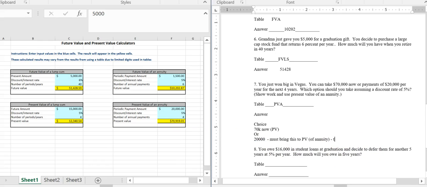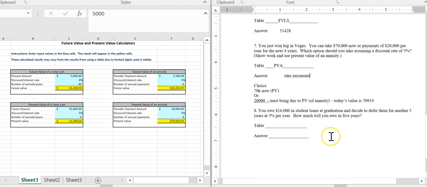So today's value is $70,919, which is higher than $70,000. This is the real value of this money today. So my answer, after I show the math on my quiz, is to take the payments. That's a tough problem. Not sure I'll give you one of those.